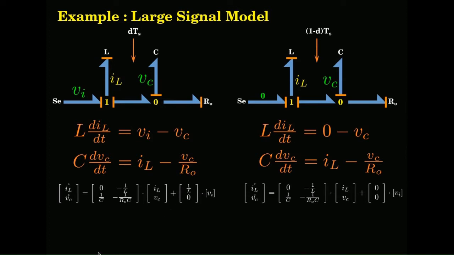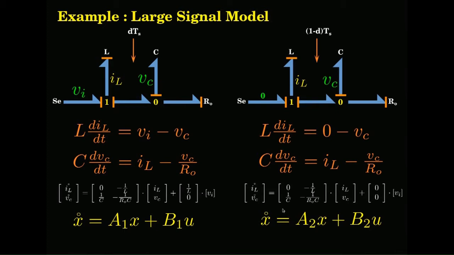So, we will give some nomenclature here. The state equation obtained for mode 1 is x dot is equal to A1x plus B1u. So, this is A1, this is B1. The nomenclature for this is mode 2, A2x plus B2u.